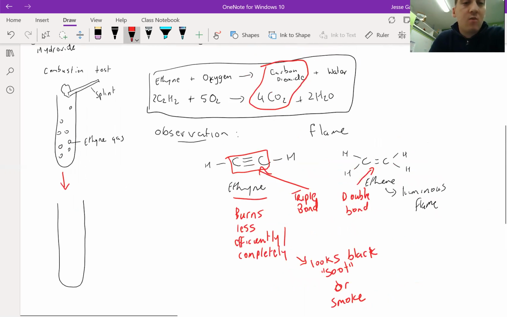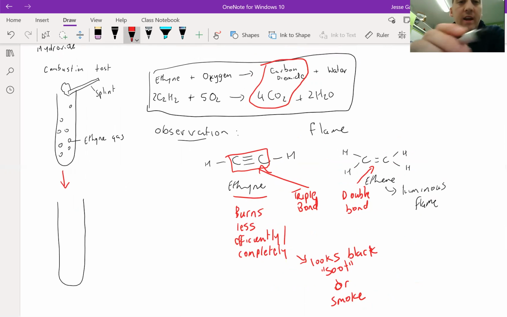Now, that means that when we burn ethine, instead of a luminous flame, we actually get a smoky or a sooty flame. So that's the observation that we make when we burn ethine. Ethene is a luminous flame. Ethine is still bright, but it's got this soot or smoke that comes along with it because the carbons don't burn completely.